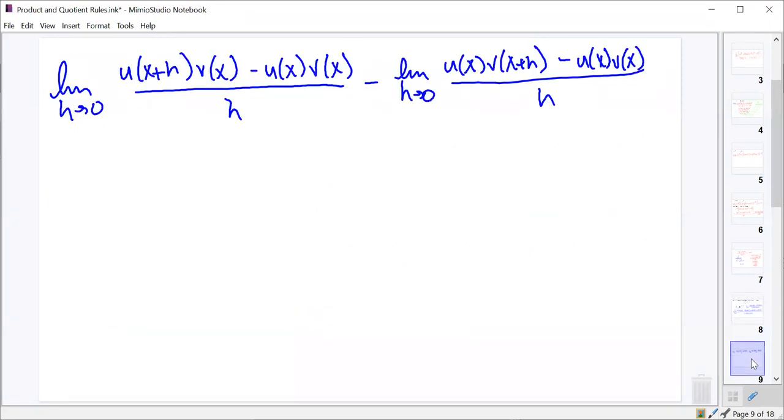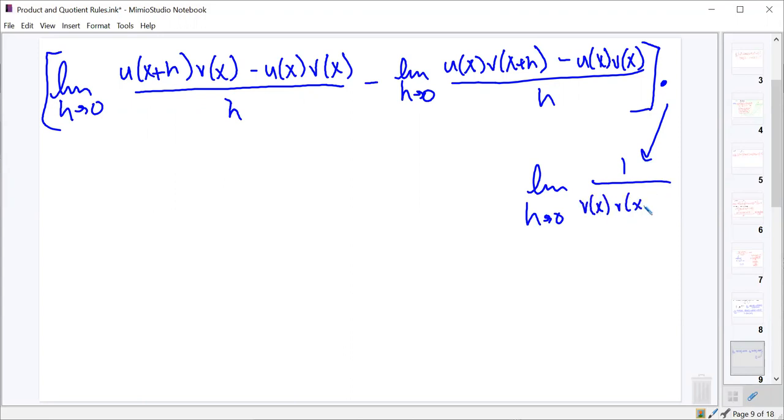So could I do this? Take these two limits and then multiply them by the limit as h approaches 0 of 1 over v of x v of x plus h. Would that be okay? Yeah.